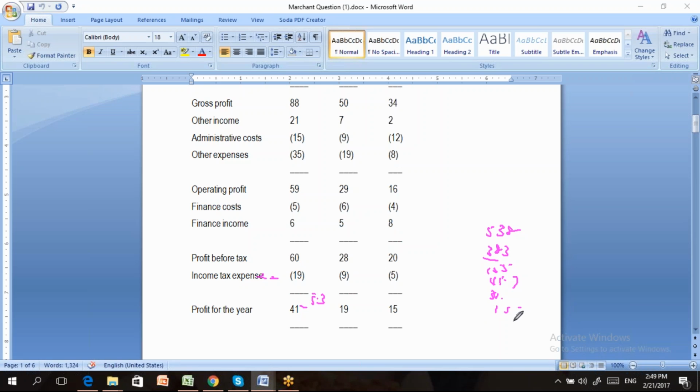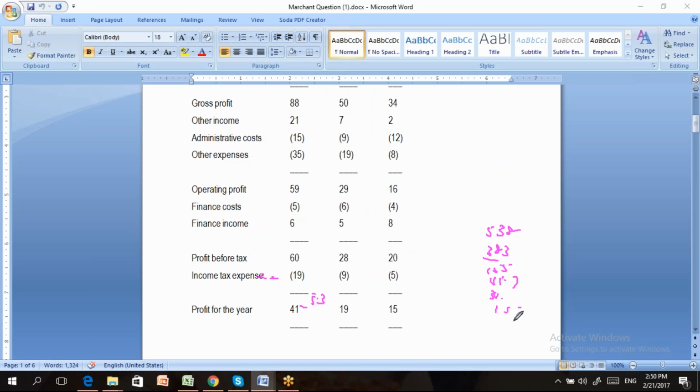Then we had a few adjustments. One was on the impairment of goodwill. Remember, the original impairment of 20% was 3 million. But what they have done was later revalue the goodwill, wipe off the 3 million and take another 2 million plus as a credit.